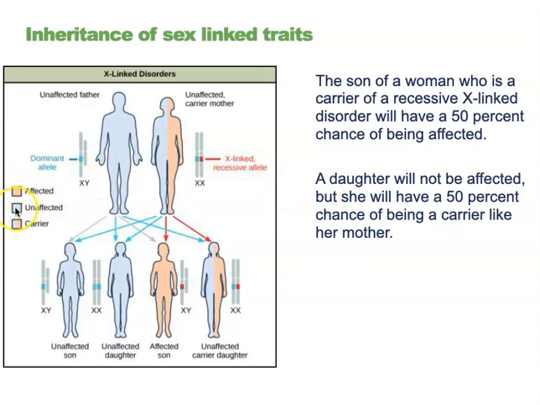Affected, unaffected. So the son of a woman would actually have an unaffected father, unaffected carrier mother. And here you can see the unaffected son, but it will have a 50% likelihood of being affected. How does that actually happen? The affected son here is on an X-linked chromosome, and it's not carried on Y. And that's literally the explanation.